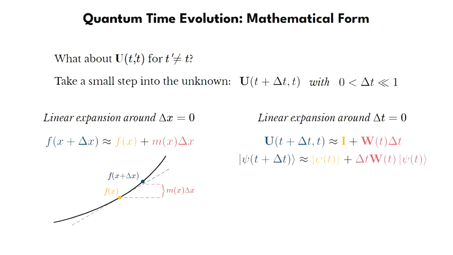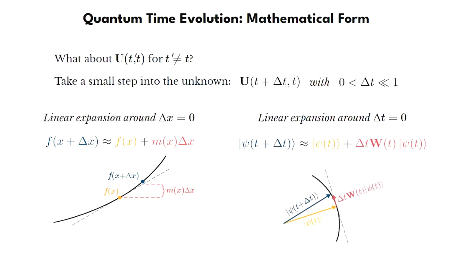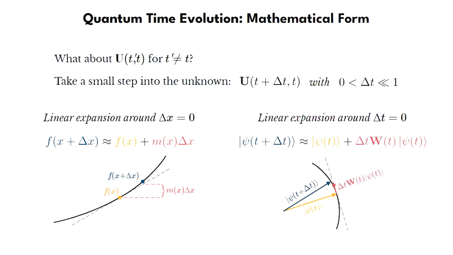As a sanity check, let's apply this U onto the state we have, and it results in this form. We can quickly check that if delta t is 0, we get back just psi(t). So this is equivalent to just the identity matrix that you learned just now. Now, what are the physical interpretations?